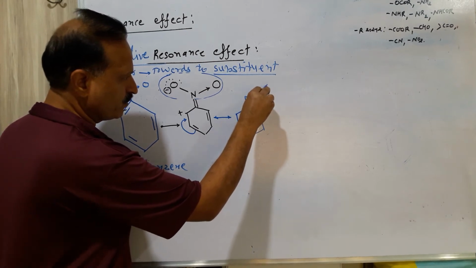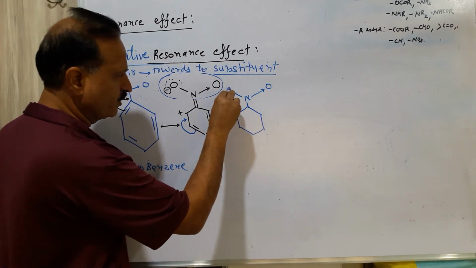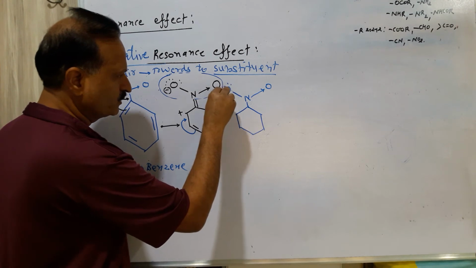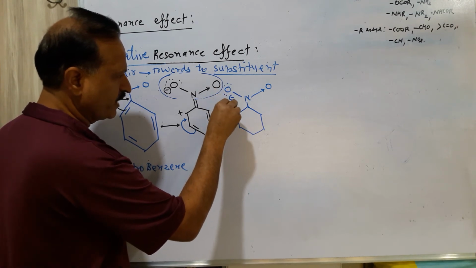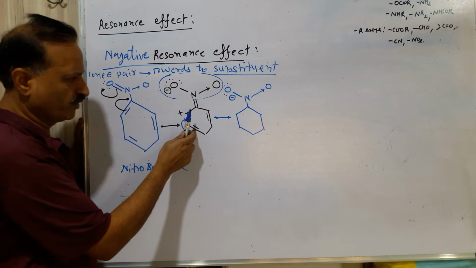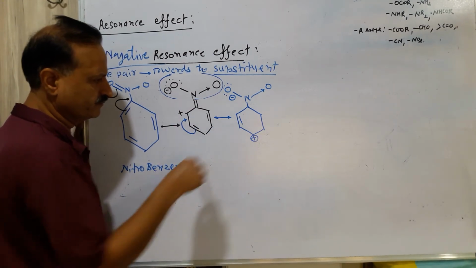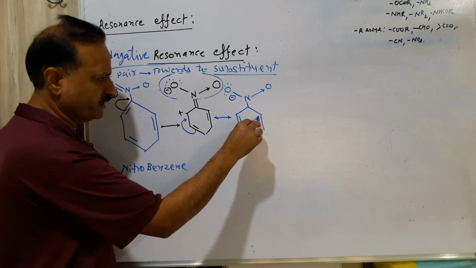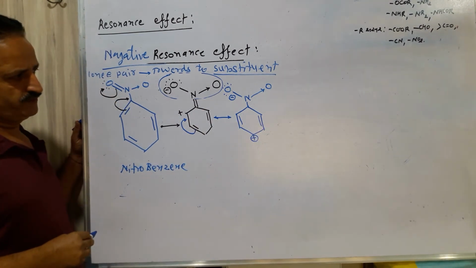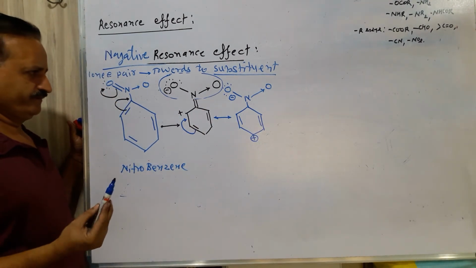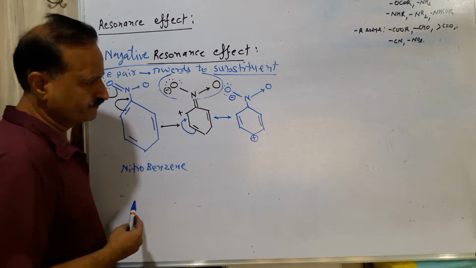N O single bond, O 6 electrons minus, bond will transfer over here, here will be plus charge, this bond is as it is. Clear. Now what will happen?